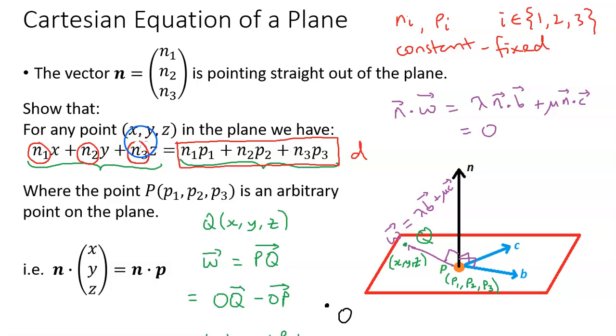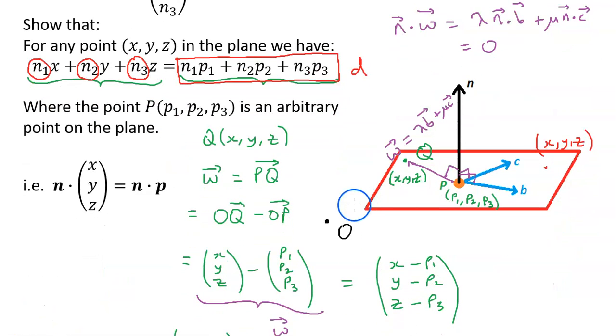Some constant number D, and also n1, n2, and n3 are constant. And if we allow x, y, and z to vary, then all of the values of x, y, and z which make this equation true will also be points on the plane. And any values of x, y, and z that do not make this equation true will not be on the plane in 3-space. Remember, all of this is done in R3.